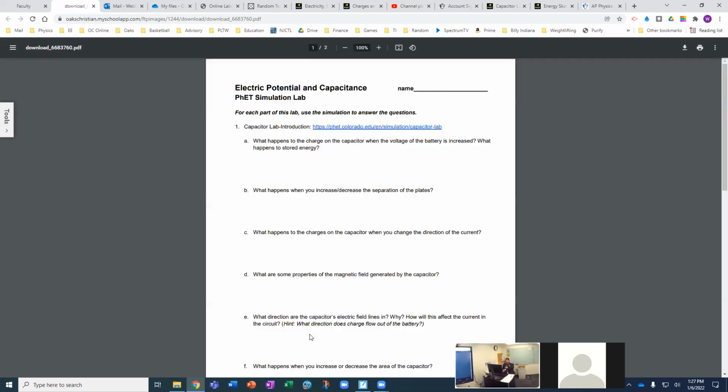For those of you in the room, you'll just need to get a computer, some sort of resource to get online. You're welcome to work with a partner or individually. It's a lab, sort of. You're going to be looking at a capacitor setup and a dielectric and multiple capacitors. The beginning talks about potential, which is what we talked about today, and towards the end it starts leading you into capacitance, which we'll talk more about next week. So use this last 15 or 20 minutes to get started on that.